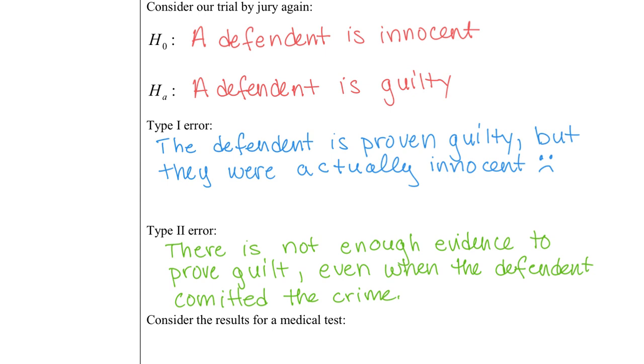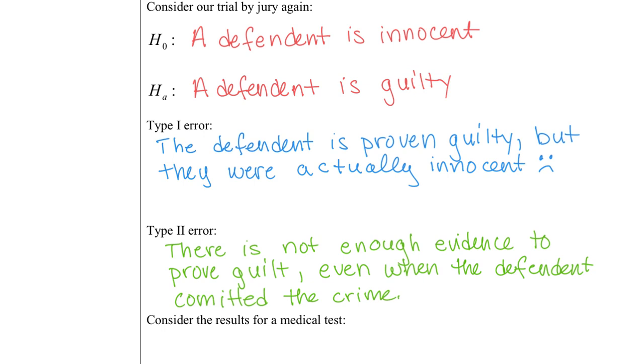Which one's worse? I think in most cases, a type 1 error would be worse, which is good news that the type 2 error is more likely to occur. However, what if the crime were murder or something more extreme? So there's a lot of ethical dilemmas in there.